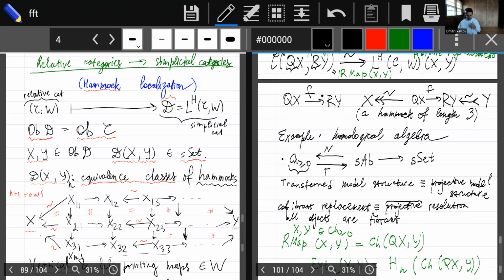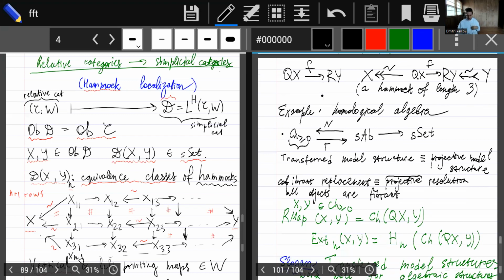And in homological algebra, you see many examples of this, such as, for example, if you want to compute the Ext groups between two abelian groups, or more generally, between two chain complexes, then you would be precisely computing the derived mapping space in chain complexes.